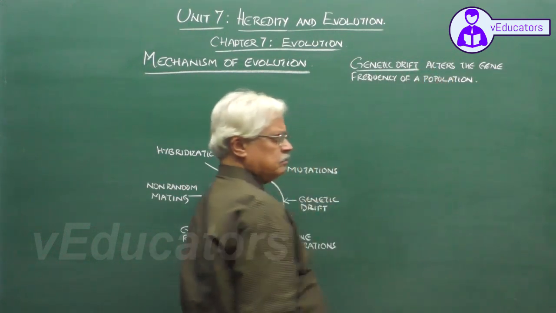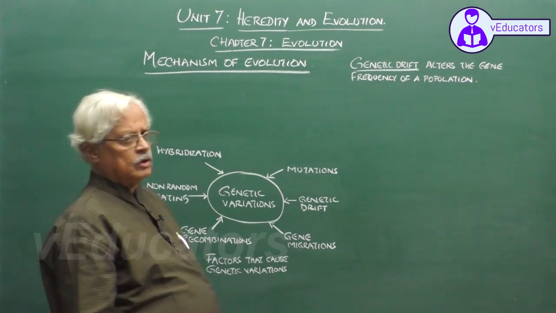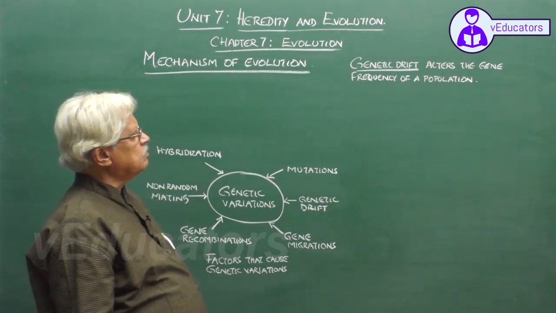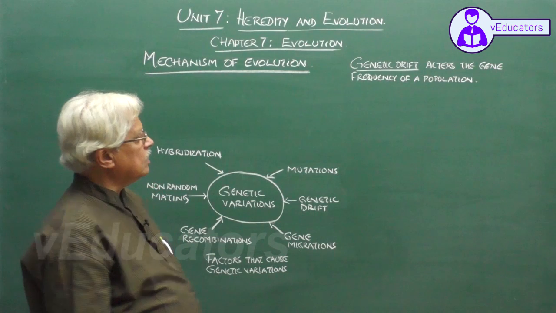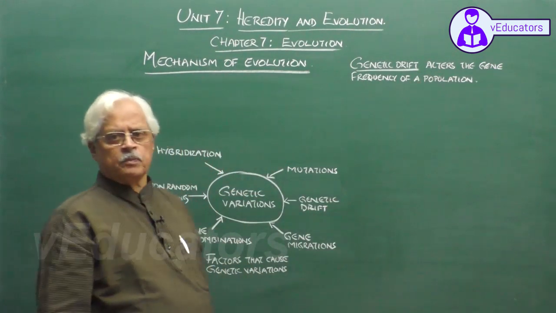Chance elimination of some of the genes, they may be useful or they may be harmful, is what is called genetic drift, and this genetic drift can alter the gene frequency of a population.